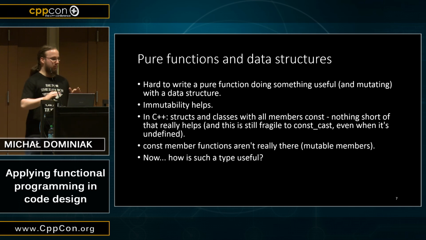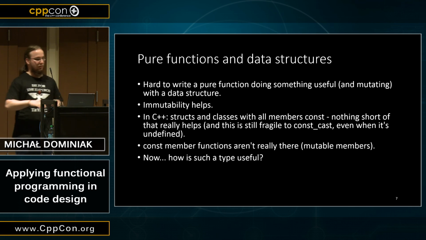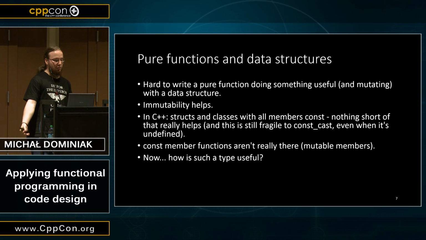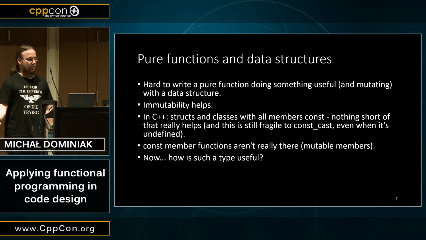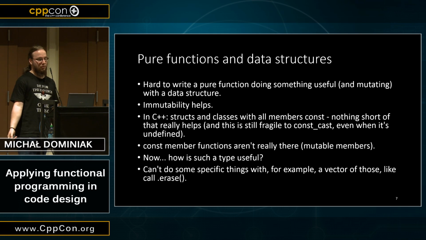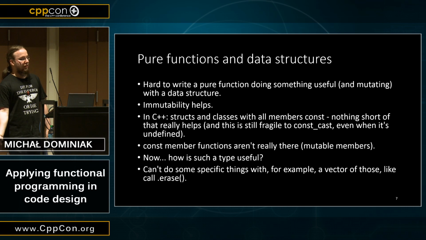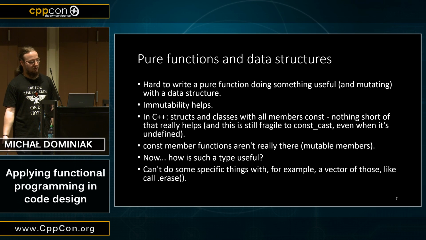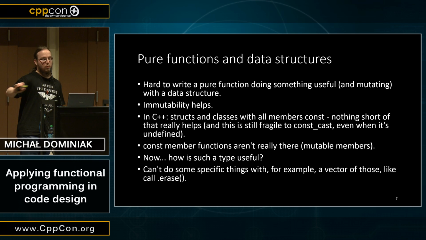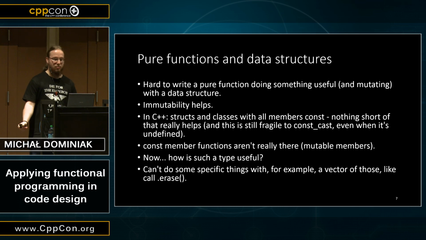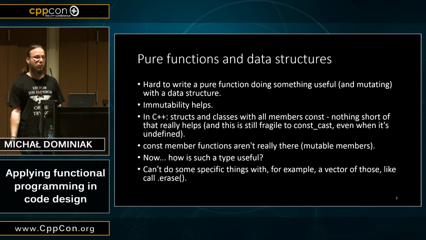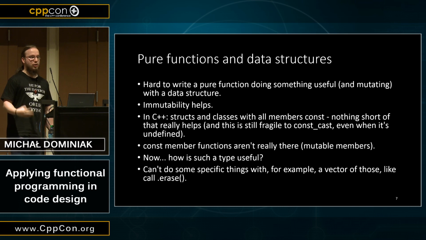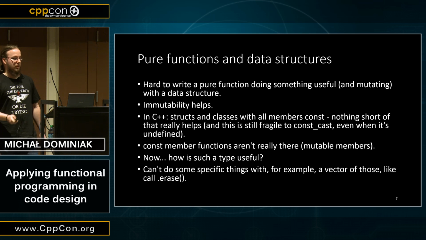Because if all the member fields are marked const, we cannot do some operations with them. For example, when we have them in a vector, we cannot call erase, because erase moves some objects around, and you cannot move into an object that is composed only of constant members.